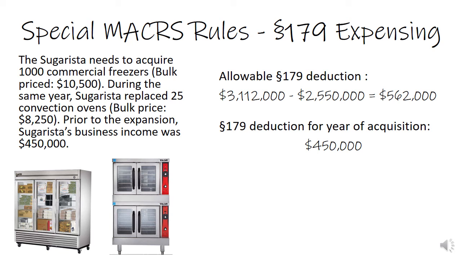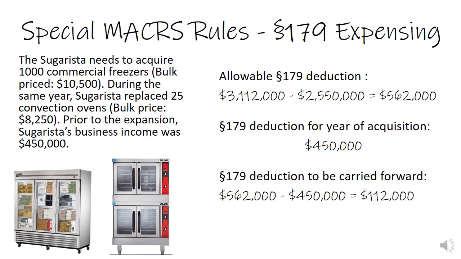This means that she's limited to a Section 179 deduction of $450,000. Because she was eligible for $562,000 worth of Section 179 deduction and can only take the $450,000, she can carry the balance forward. This is only true when the business income isn't enough to cover the deduction.